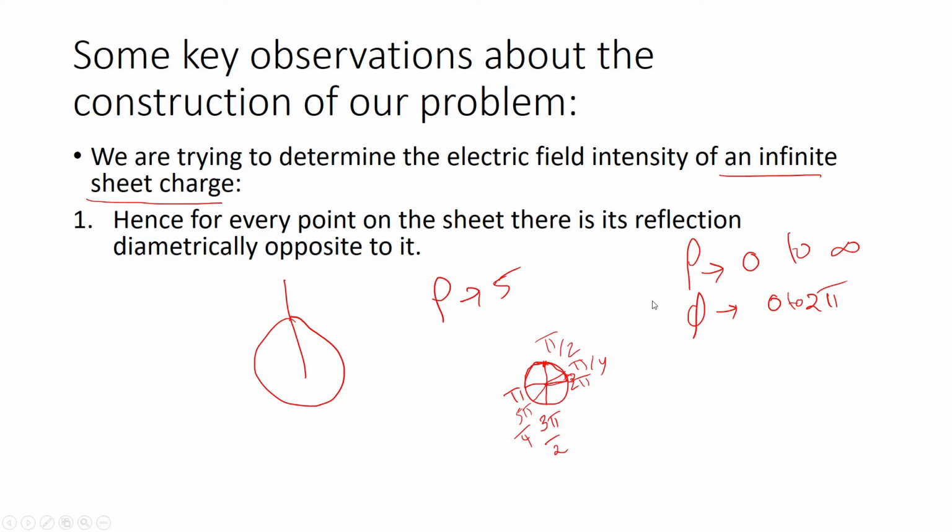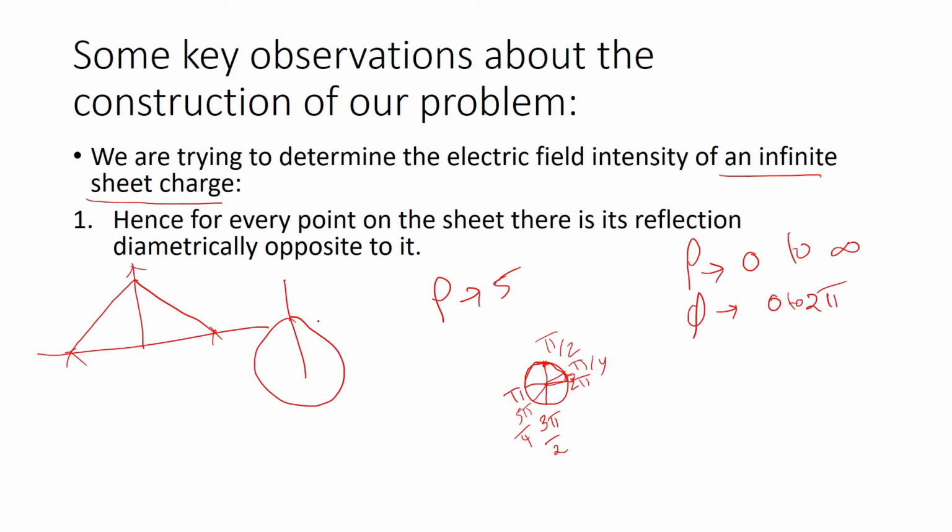Now, please go back to the previous conclusion. We have concluded that if you have a z-axis and two diametrically opposite points, the net electric field intensity at a point on z-axis, because of these two diametrically opposite points, would be acting only along the normal.